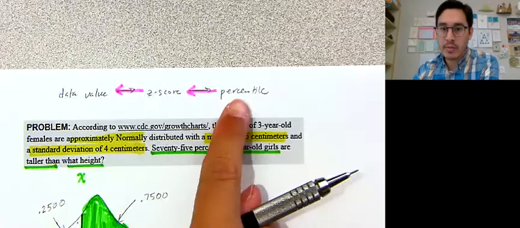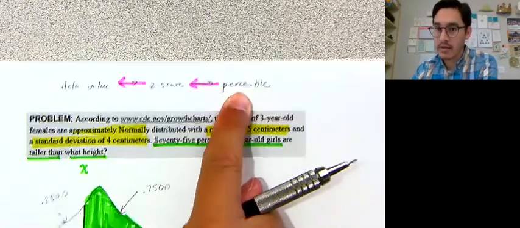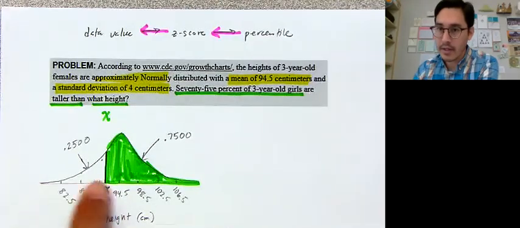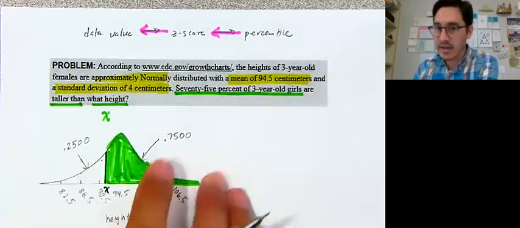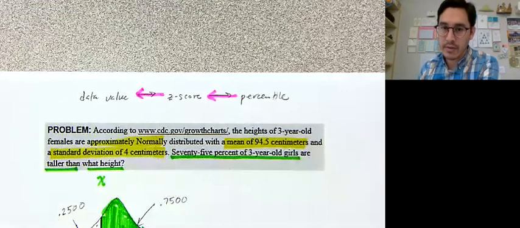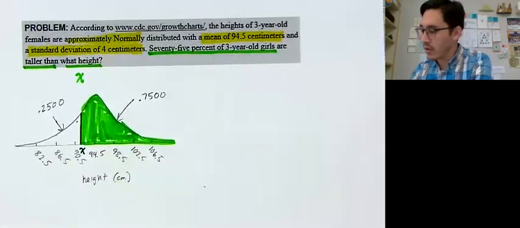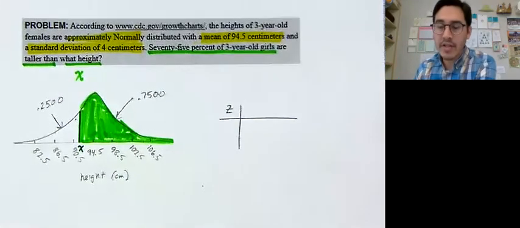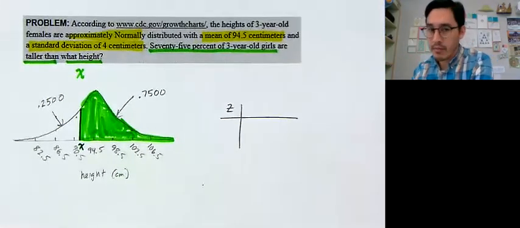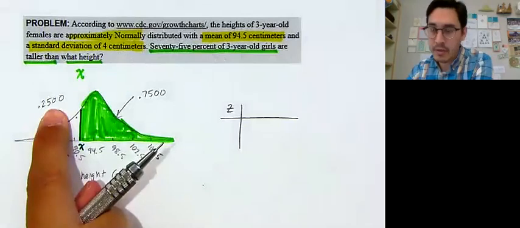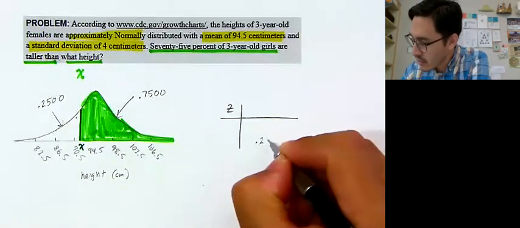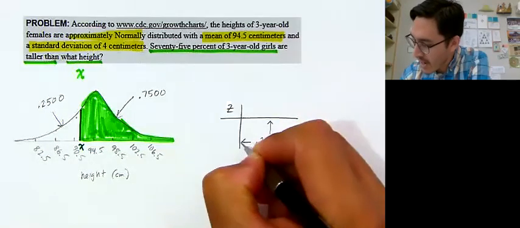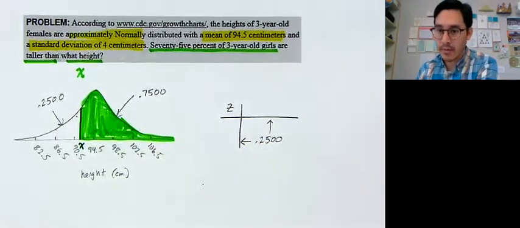All right. So what we're going to do now is we're going to take our percentile, which is actually this one. Percentile is the percentage to the left, less than, and we're going to convert it back to a z-score. Okay. So how does that work? Well, we're going to use table A in reverse, meaning we're going to look up this percentage and then work our way back to the margins to figure out the z-score.